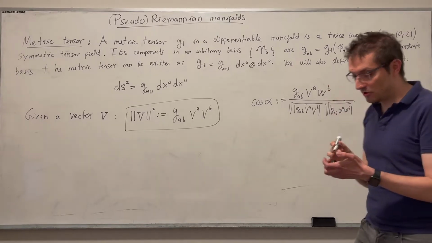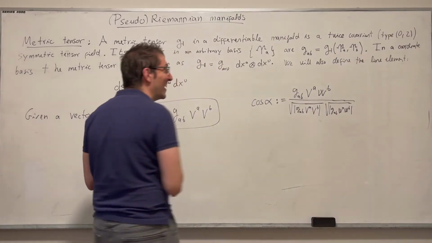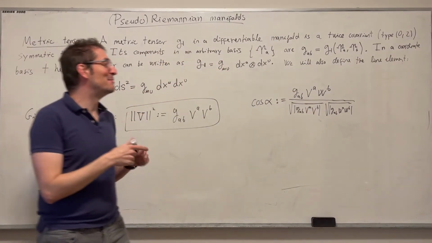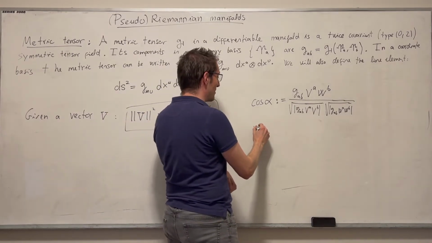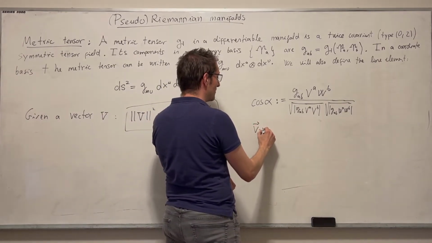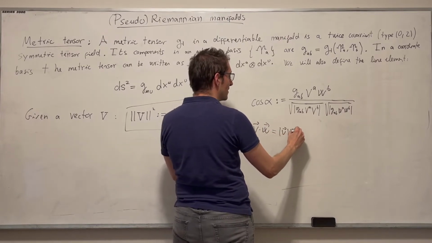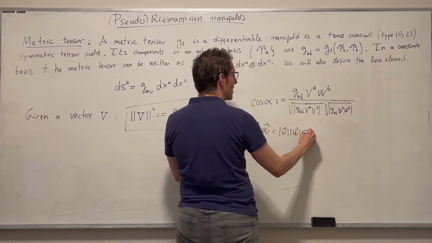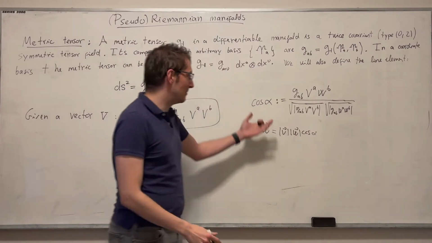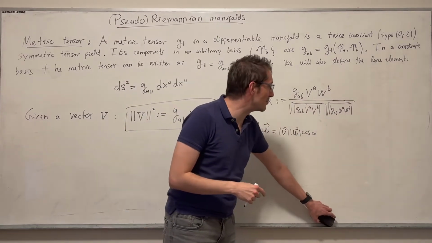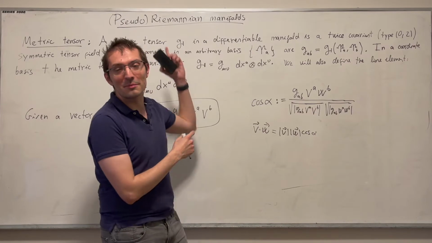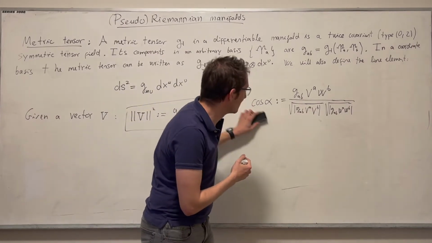And that's a definition of a notion of angle. It may remind you of what you saw, that the inner product of two vectors is the modulus of the first, times the modulus of the second, times the cosine of the angle between them. Well, this is the generalization of that notion to a Riemannian manifold, or a pseudo-Riemannian manifold.